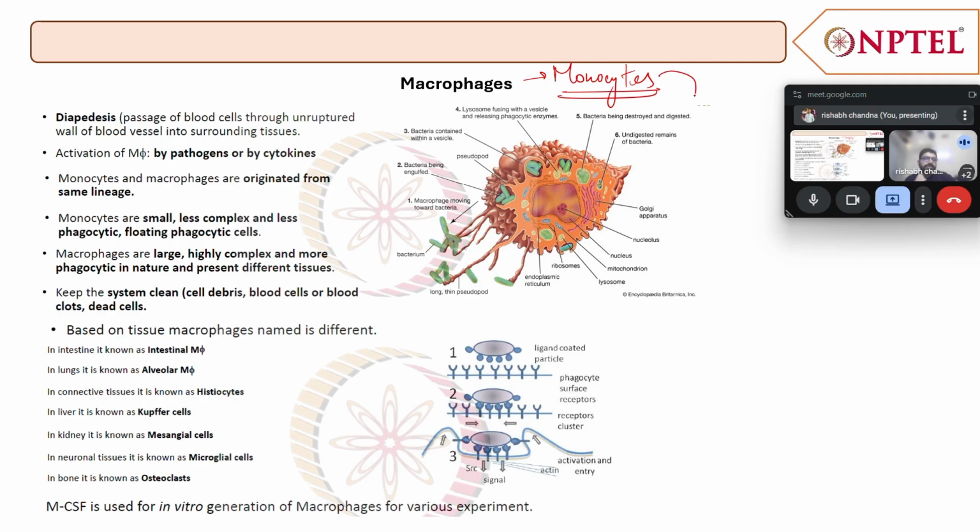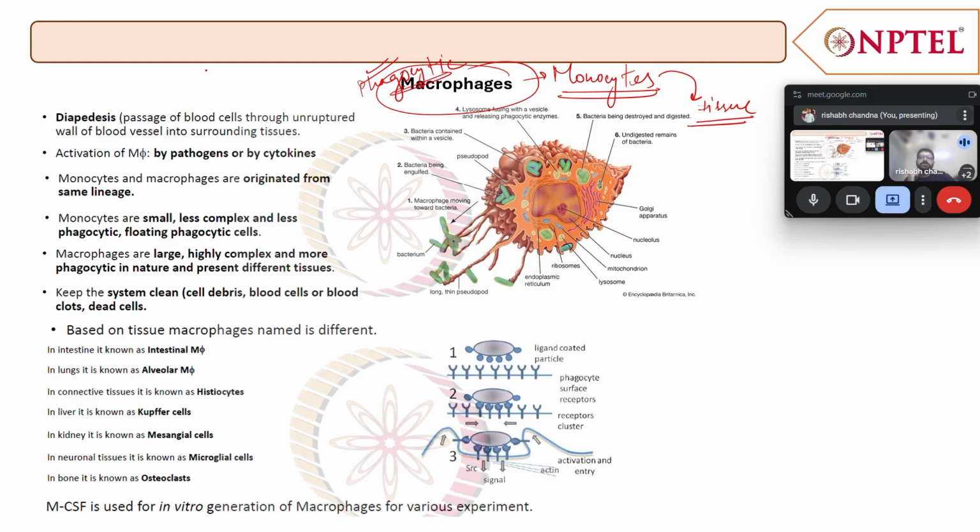When monocytes enter the tissue, or after maturation or differentiation, they turn into macrophages. Okay, so these are the major phagocytic cells that help in phagocytosis of the different antigens and the pathogens.